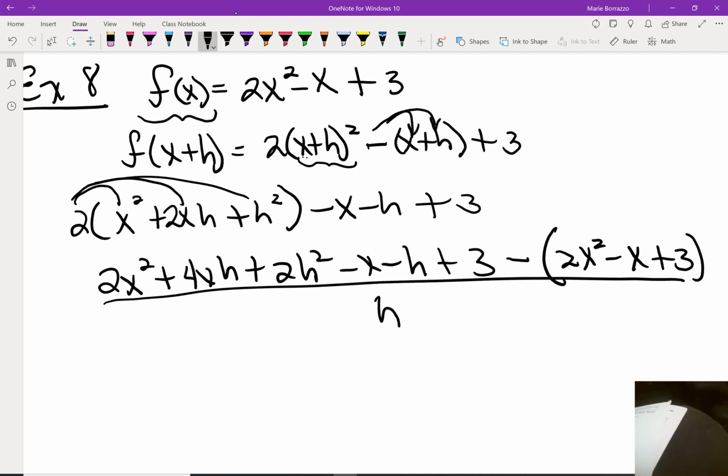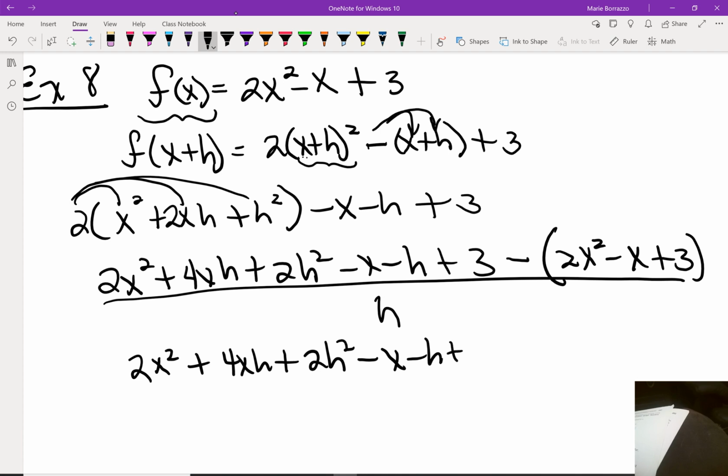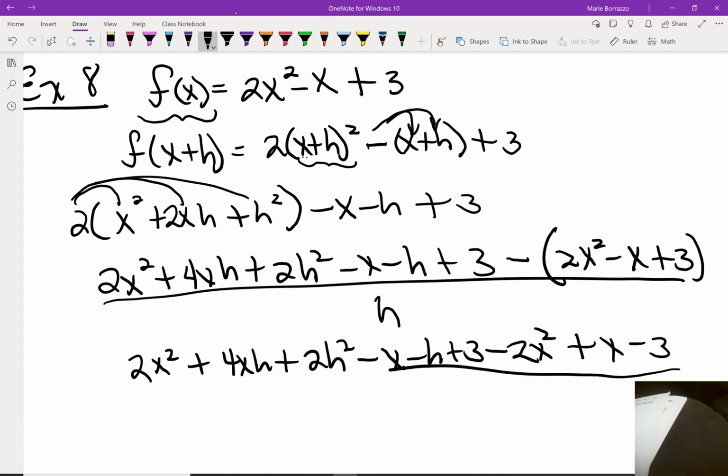So once I distribute this negative, I'm going to end up with 2x squared plus 4xh plus 2h squared minus x minus h plus 3 minus 2x squared plus x minus 3, and again, all of that is over h.